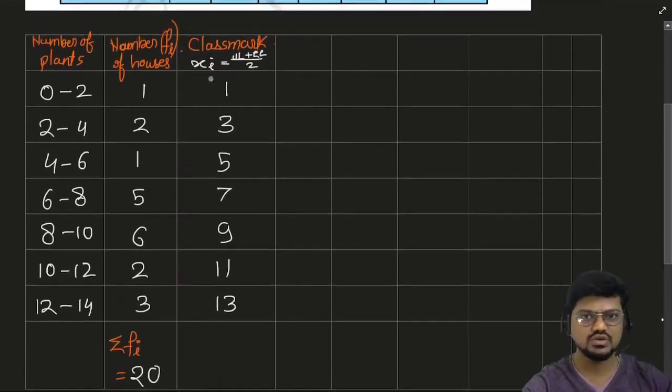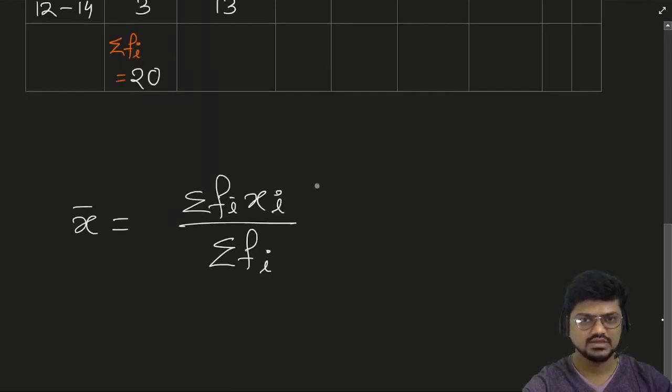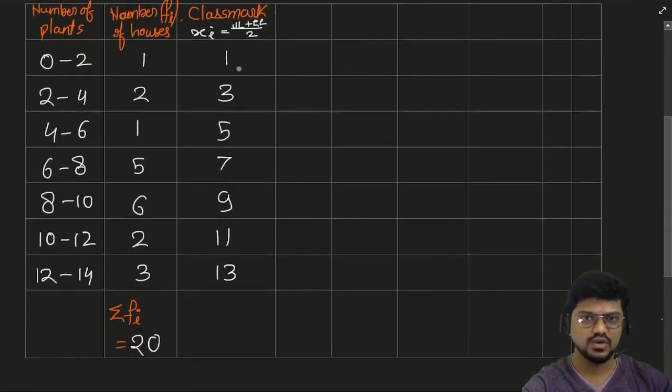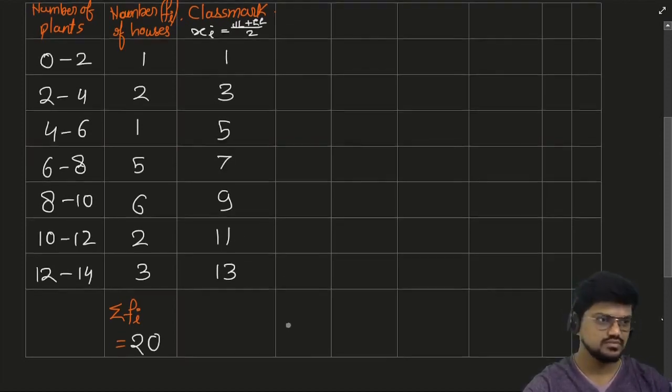You will also do summation of xi. See, that's what is needed: summation of fi into xi. So 1 plus 3 is 4, 4 plus 5 is 9, 9 plus 7 is 16, 16 plus 9 is 25, 36, 49.